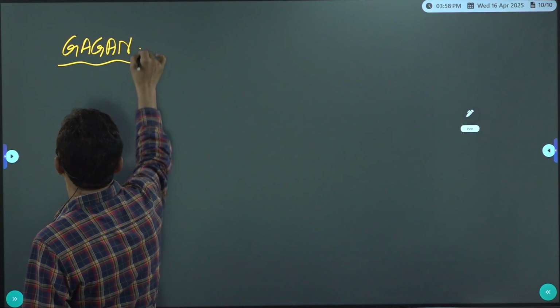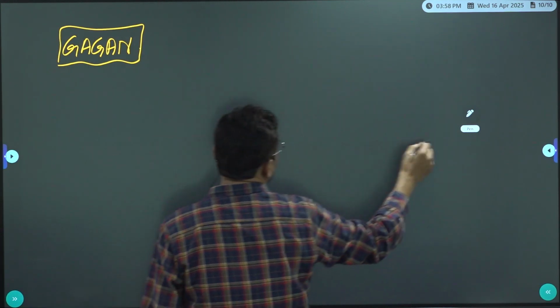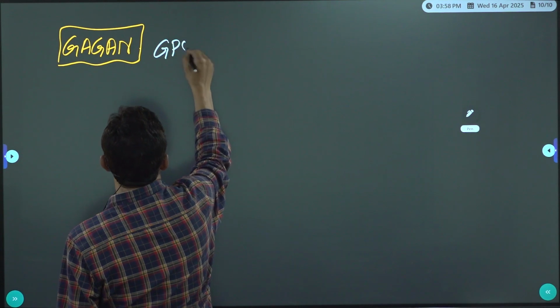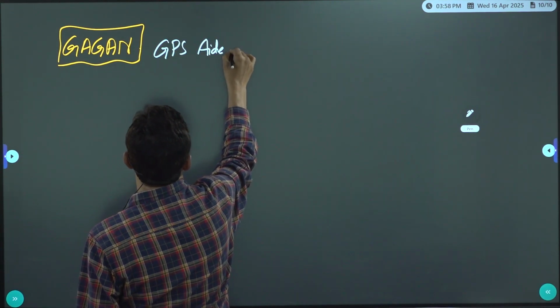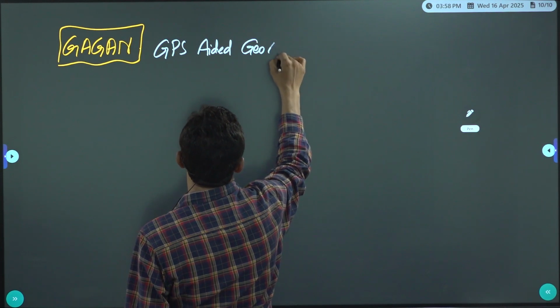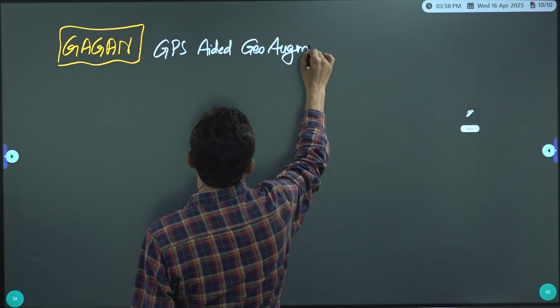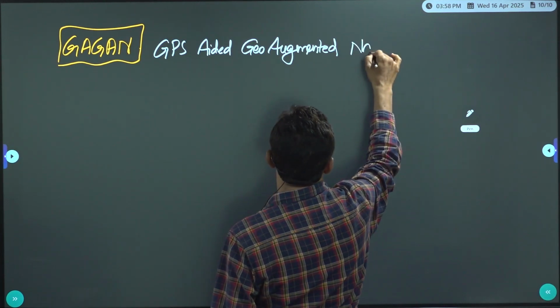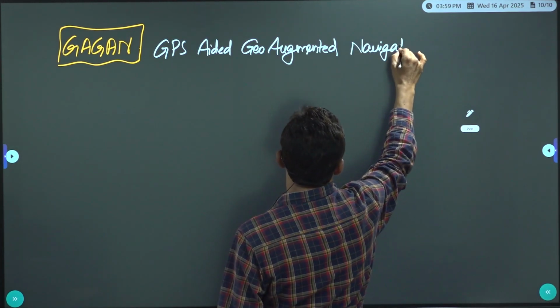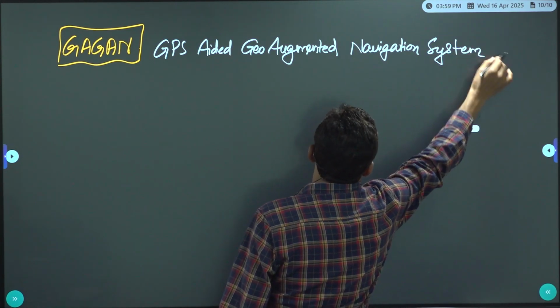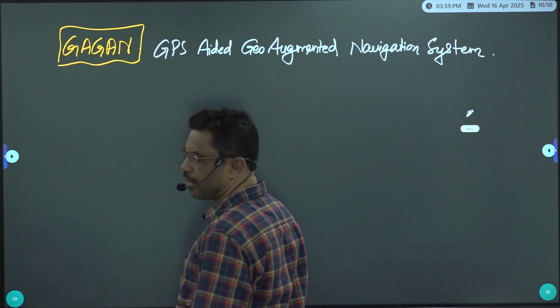Gagan. So what is Gagan? It is GPS Aided Geo Augmented Navigation System.